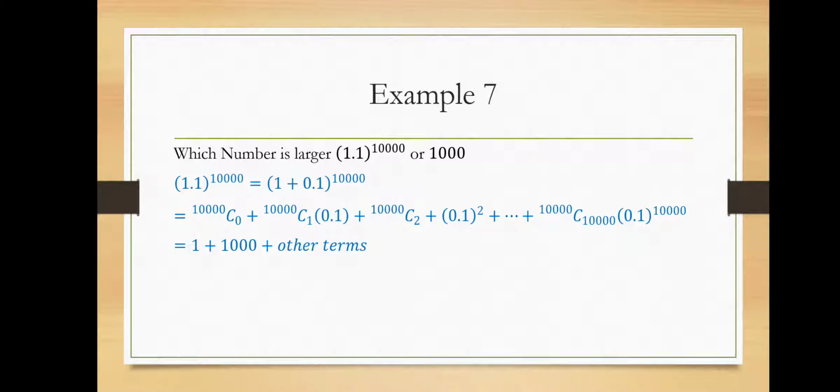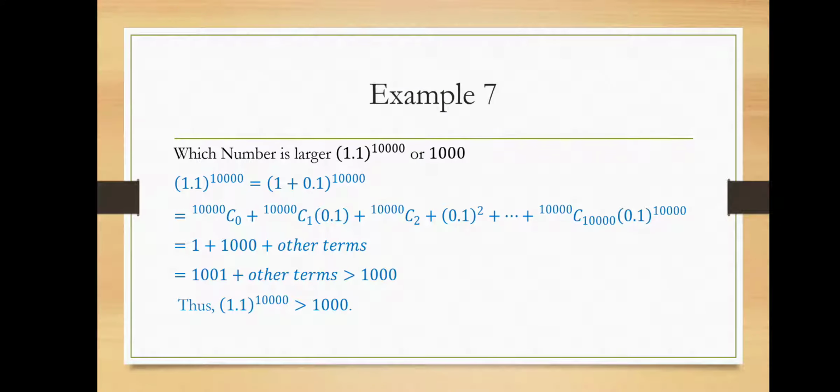Now 1 plus 1,000 gives you 1,001, and there are other terms as well. So therefore, the number is already greater than 1,001, and easily greater than 1,000. And hence, I can say that 1.1 to the power 10,000 is a greater number than 1,000. Fine.